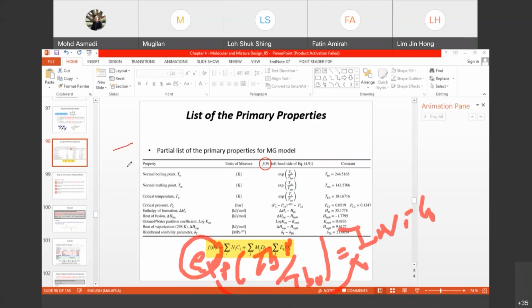So TB predicts X, TB not, ln, Ni Ti. So you can calculate the predicted one. Is it okay? Okay, doctor. Yeah, this is just mathematics.